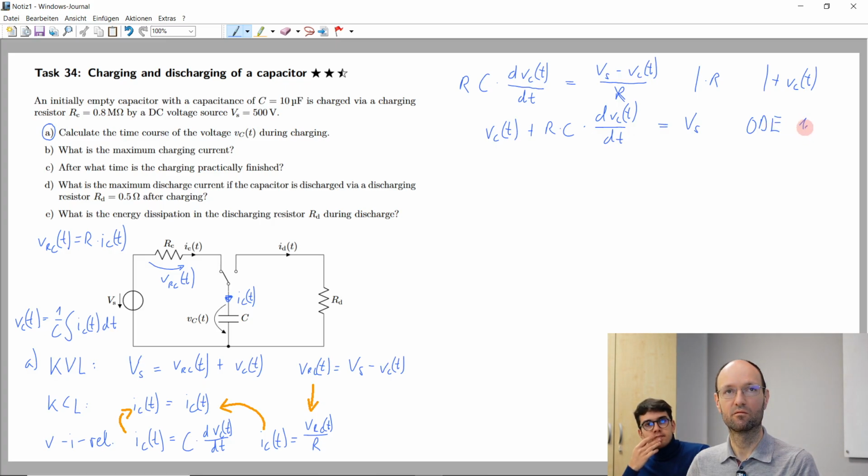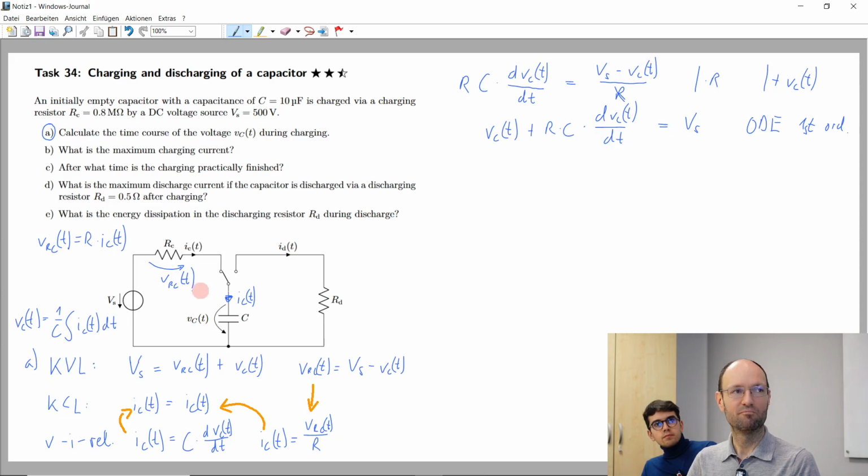and this is an ordinary differential equation of first order, because we have our function in there and the first time derivative of this function. If we had the second time derivative, we would get a second order differential equation. And how can we get a second time derivative in this function?